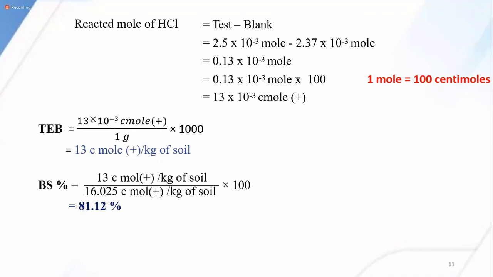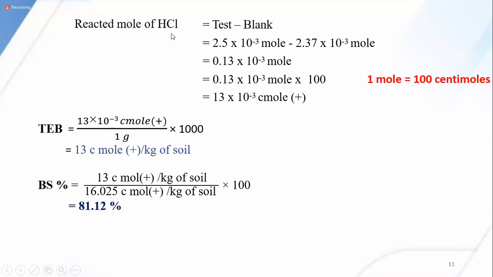Okay, so with that we can find out the total exchangeable bases. You can directly use this reading, the reacted mole of HCl, 13 into 10 to the power minus 3.